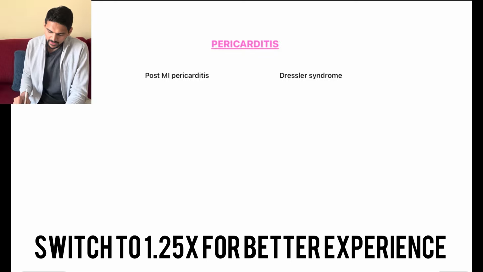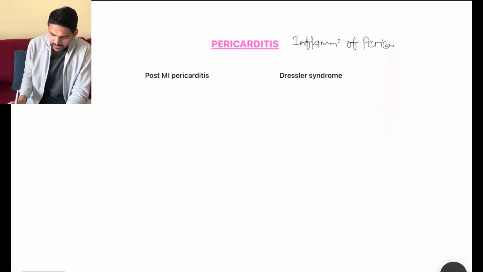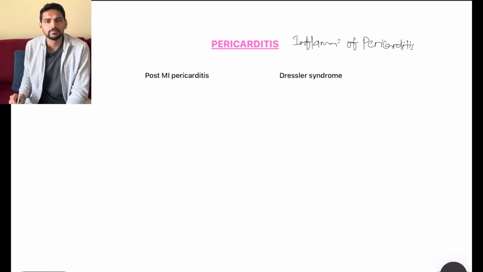Commonly, pericarditis indicates inflammation of the pericardium, and it has typical features which the majority of us will know.